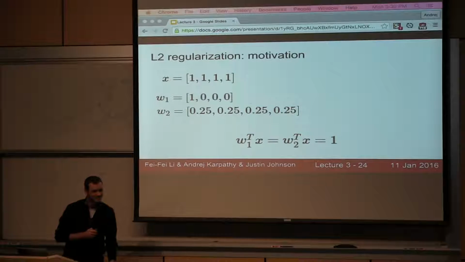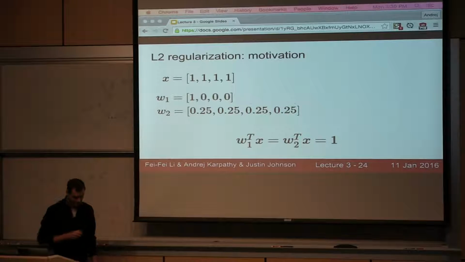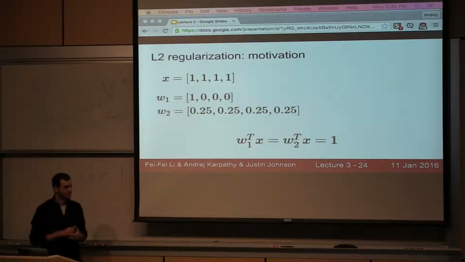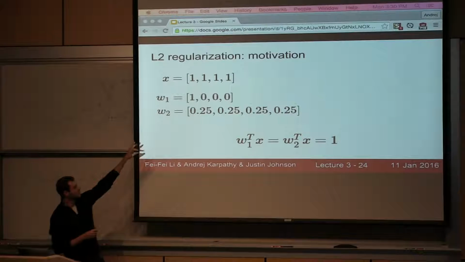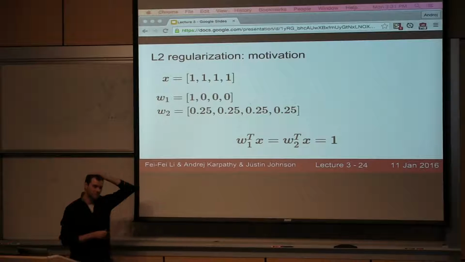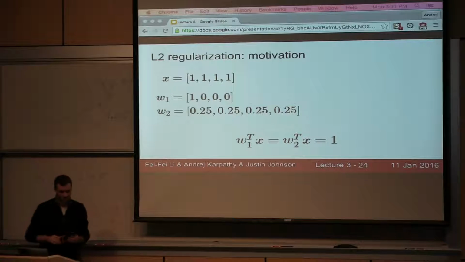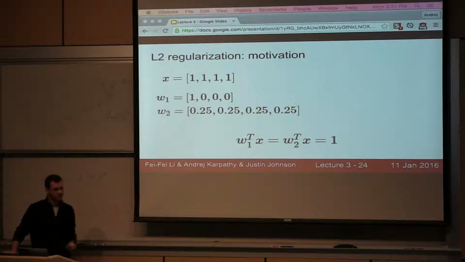Couldn't you say that epsilon, 0, 0, 0, with epsilon being a really small number, would do the exact same thing as W1? So that vector would do the exact same thing, but would also have much smaller regularization. So you want to consider a different W, and you want it to look slightly different from these two? I'm just saying, the previous question was, isn't it good that we're ignoring some values?